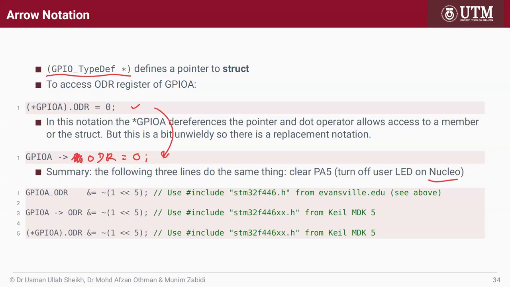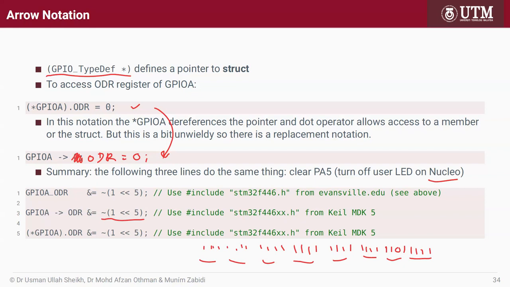So this will generate tilde 1 shift left 5. That will become 1111 1111 11, 16 bits. I think 5 is here, so 1101 1111. 1 2 3 4 5 6 7 8.